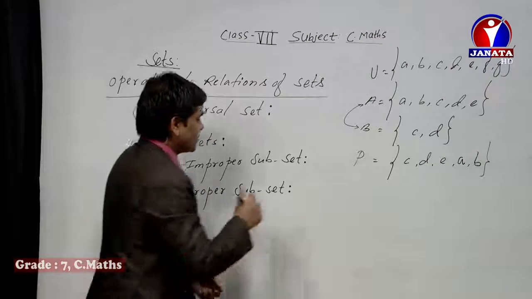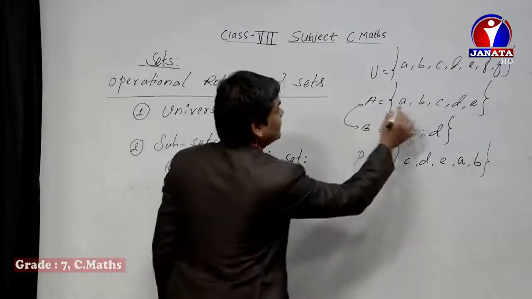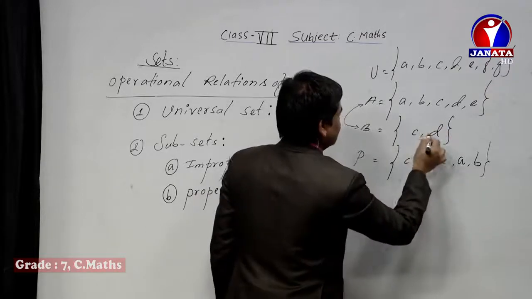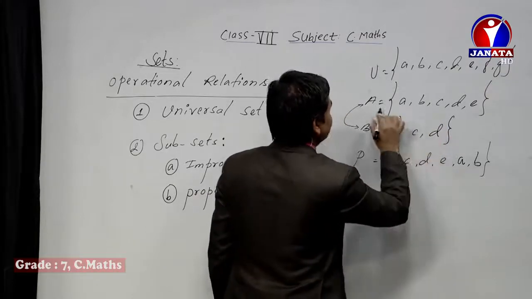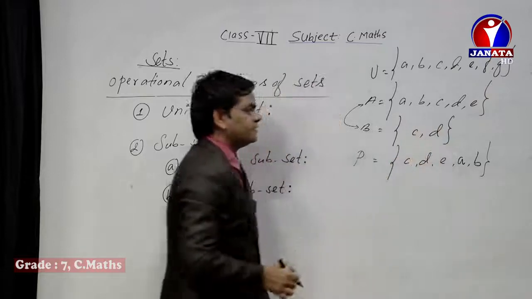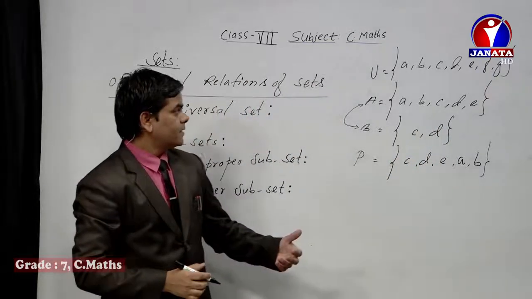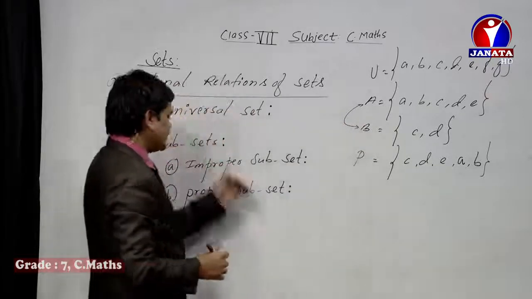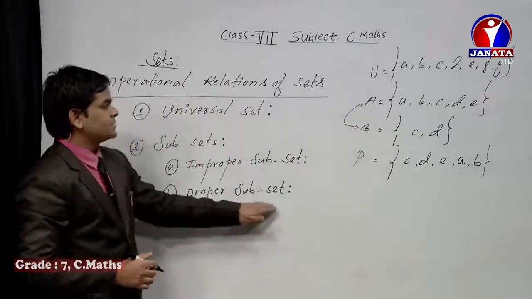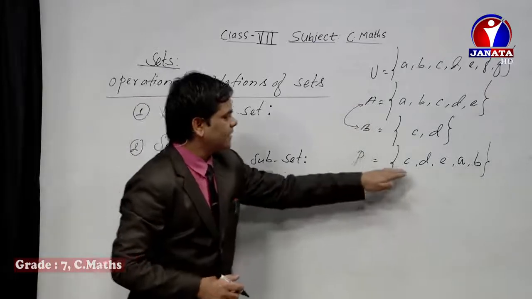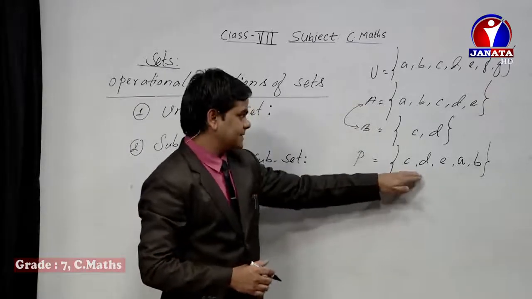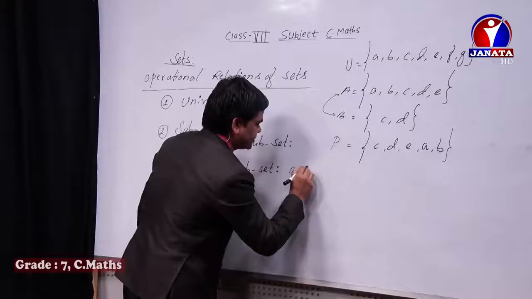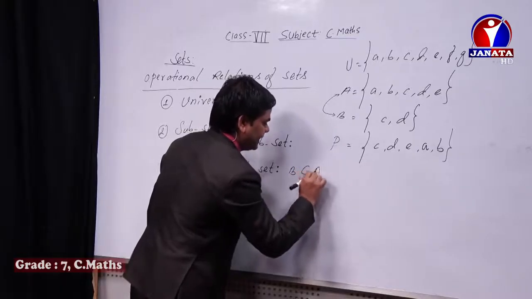In order to be a proper subset, we got that set B has all the elements which are included in A, and there are no more elements than set A. In such a case, set B is regarded as a proper subset of set A, and even of set P. So B is the proper subset of A.